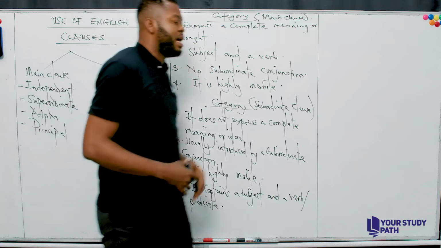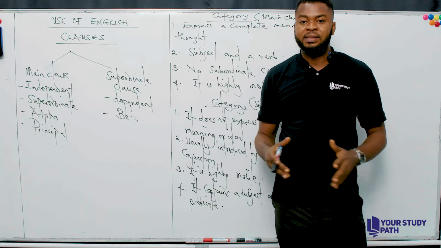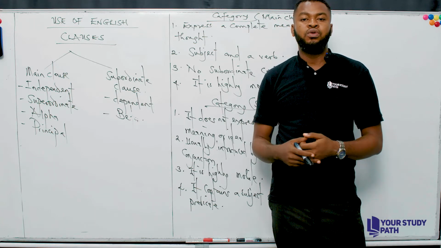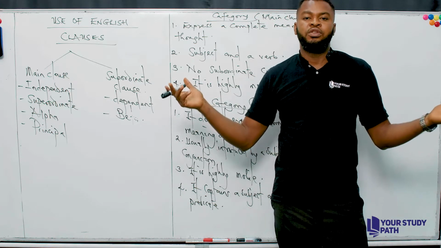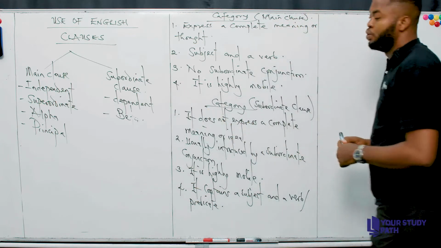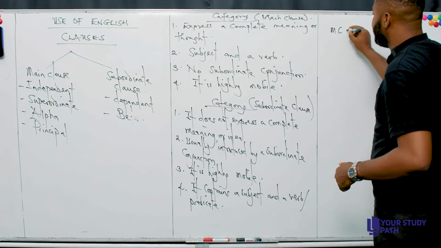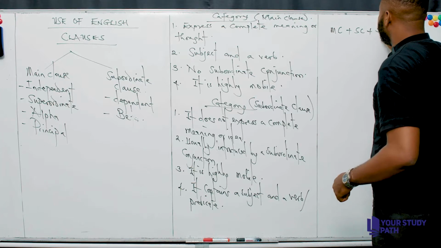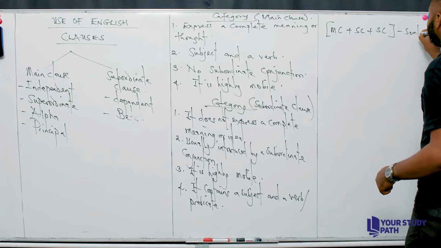Good. So for you to form a very coherent sentence, you must have a main clause, then you must also have a subordinate conjunction and a subordinate clause. Very, very important. In other words, we can have a formula: a main clause, MC, plus subordinate conjunction plus subordinate clause. This alone would be able to form a sentence.